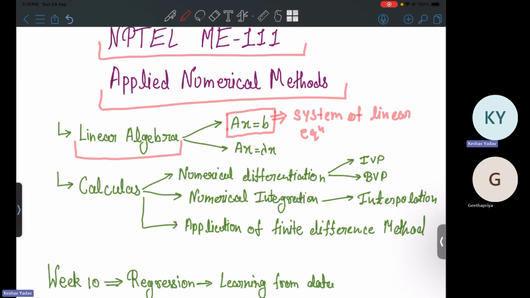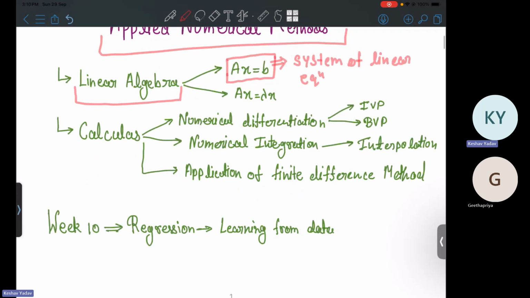Then we have seen how we can find the eigenvalue and eigenvector of a square matrix. This is typically an eigenvalue problem. There we have seen the power method. By using the power method, we can find the absolute maximum eigenvalue and its corresponding eigenvector.